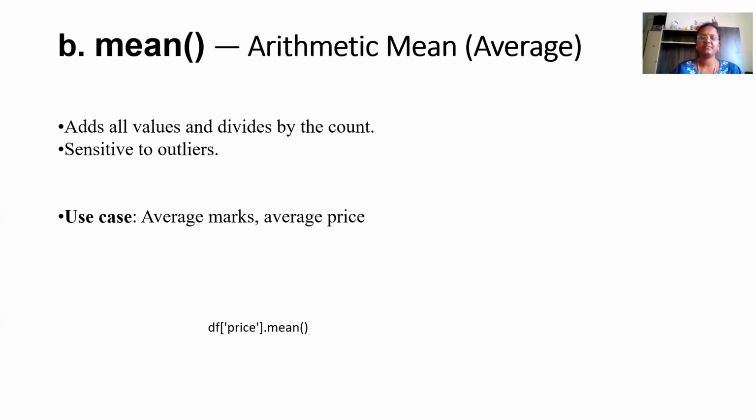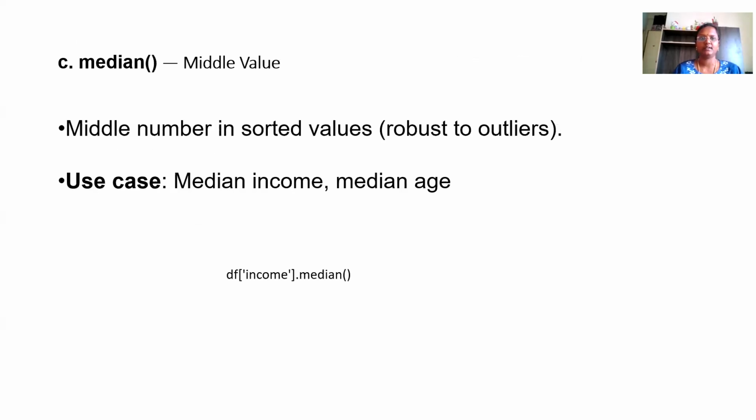For example, here we have given the syntax df of price. If you have a price column in your data set, you can apply df of price column dot mean. Then the median value is nothing but the middle value of your data set.